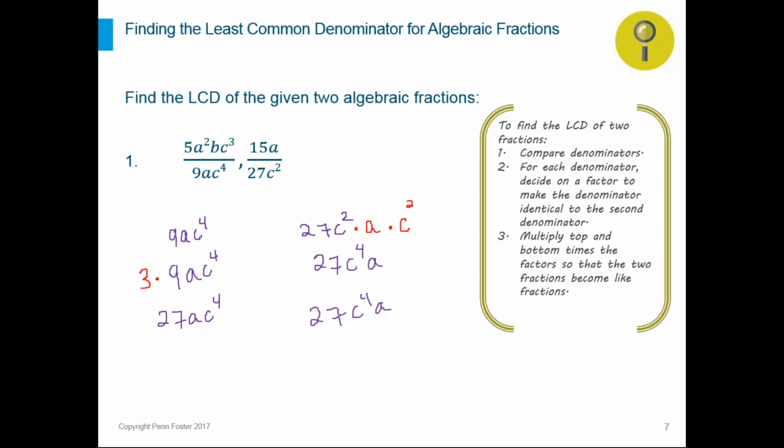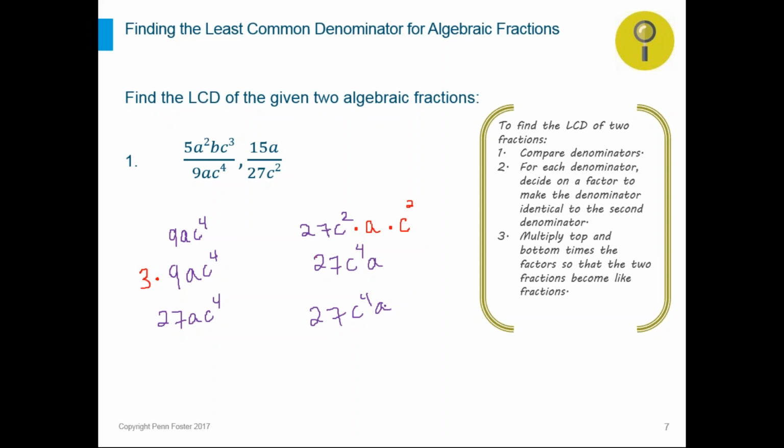How can I then change the numerators? Remember, back in numerical fractions, if I multiply the denominator times 3, I have to multiply the numerator times 3. The same rule applies with algebraic fractions. So before I leave that, the LCD, the least common denominator, will be 27c to the fourth a. The new denominator is the LCD.